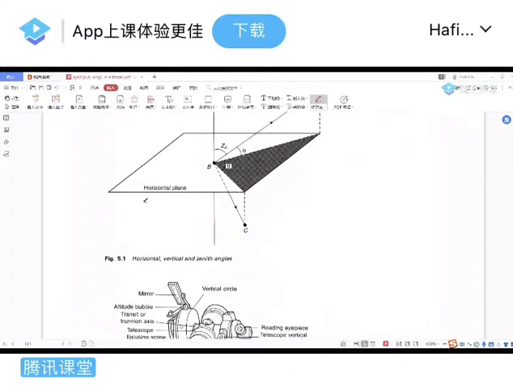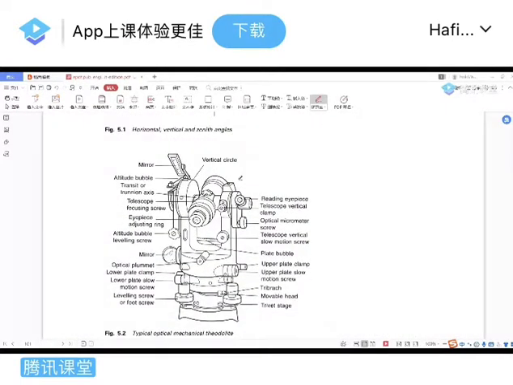Okay, so you look at this one. Basically, it's not too far from our total station. Over here, I think, is the eyepiece adjusting ring, so you look through this with your eye.